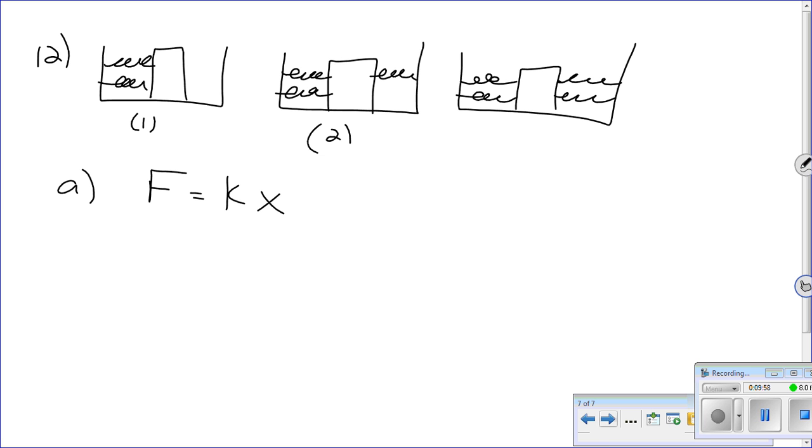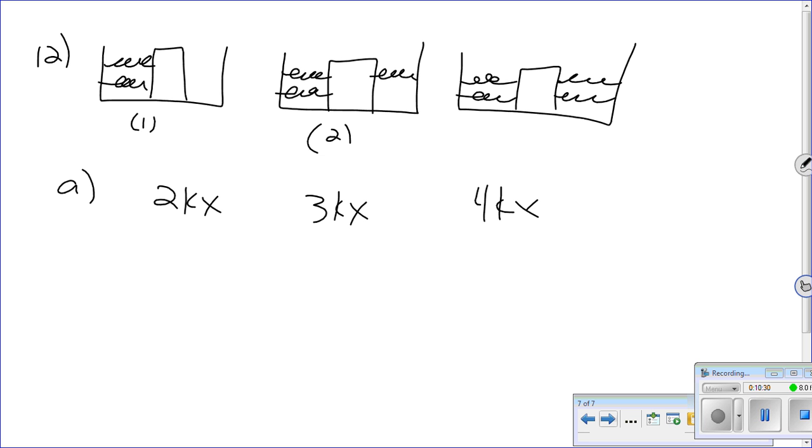What's this one going to do? Same thing, right? Because if you compress the spring, it wants to uncompress. It's going to push this way, right? All right? So this one is going to have a net force of 2kx. This one's going to be 3kx. And what's this one going to be? 4kx. Does it matter which way I displace it? No. This one on the right is always going to have the biggest force due to the springs when you displace it any distance, right?